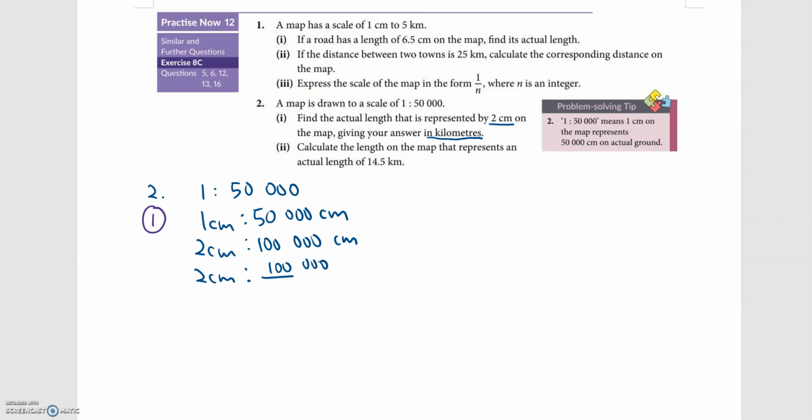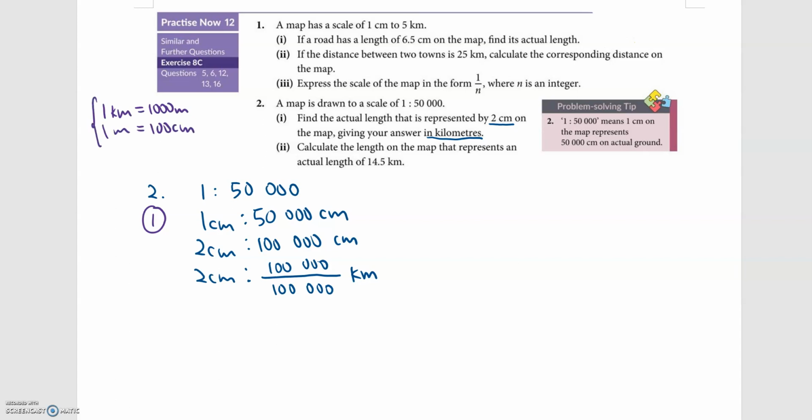100,000 cm. I will now divide it by 100,000 to change the cm to kilometers. The reason why I divide by this, I have actually done the conversion in the earlier question. So 1 kilometer is 1,000 meters, 1 meter is 100 cm.